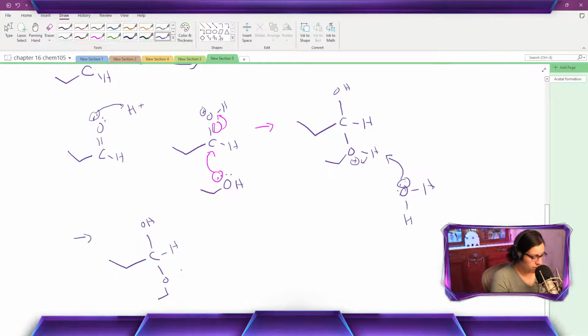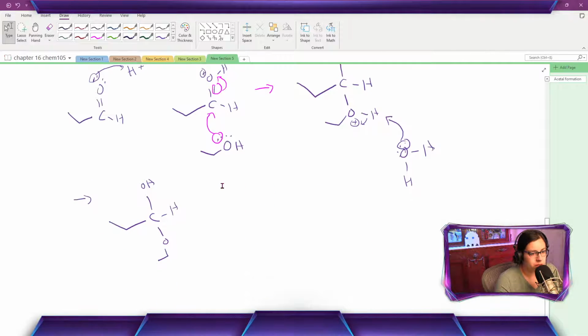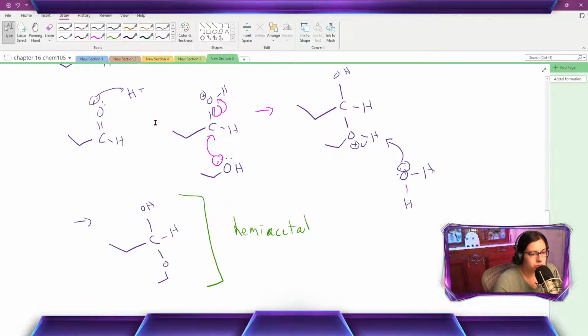So now we're here, right? So this is our hemiacetal group. And so what we could do, starting here, we can add another equivalent.